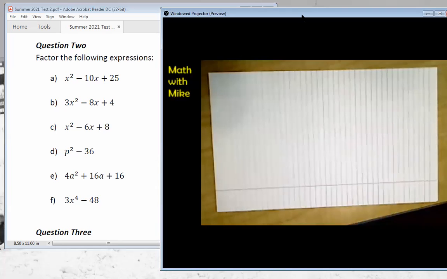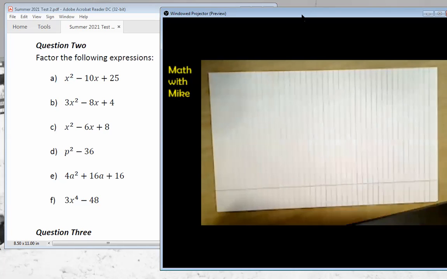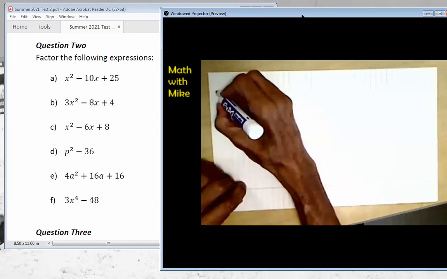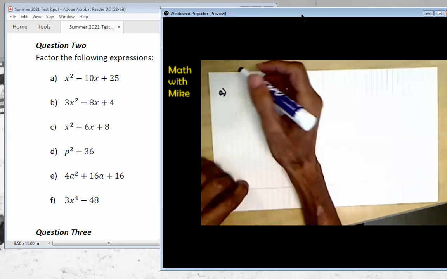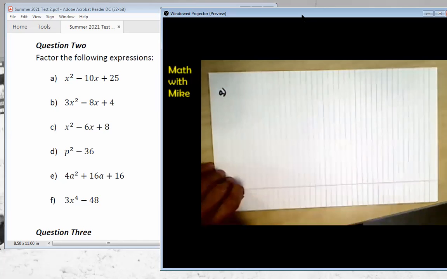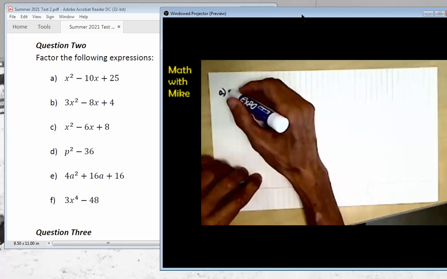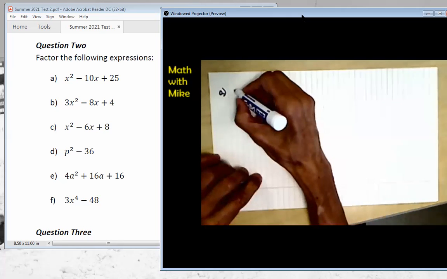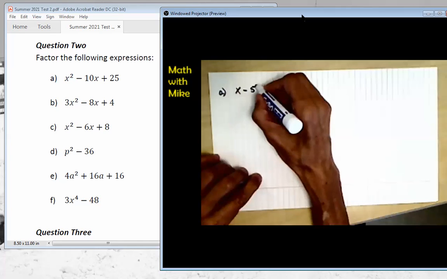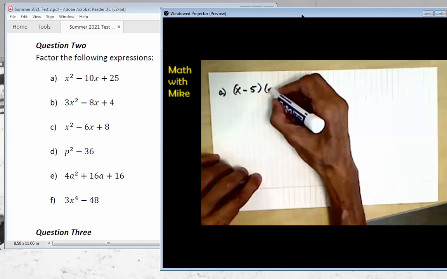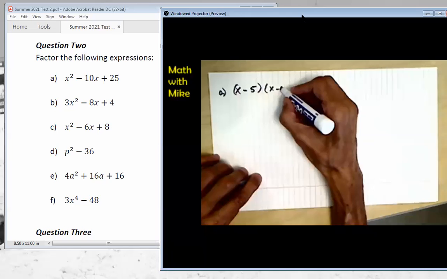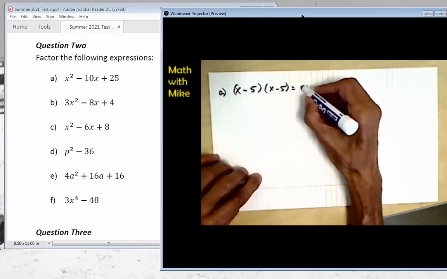So for the first one, the answer works out to be x minus 5 times x minus 5, which is the same as x minus 5 squared.